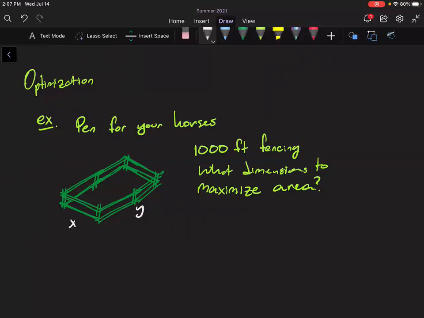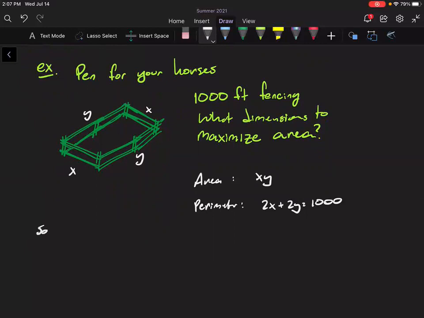So what we actually get here is a quadratic. We have that our area is x times y, and our perimeter is our constraint. We know that 2x plus 2y has to equal 1,000. That's because we have a rectangle, so that's just the perimeter of a rectangle.